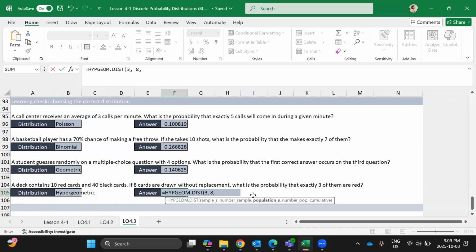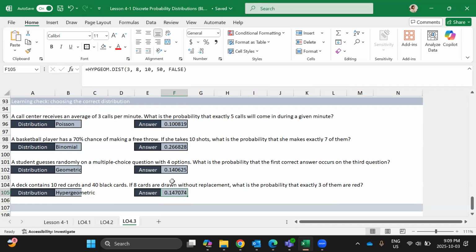In the deck, there's 10 red and there's 50 cards altogether, the 10 red plus the 40 black. Always put false as your last argument, and you should have got 0.147 for your probability of getting 3 out of 8 cards red.